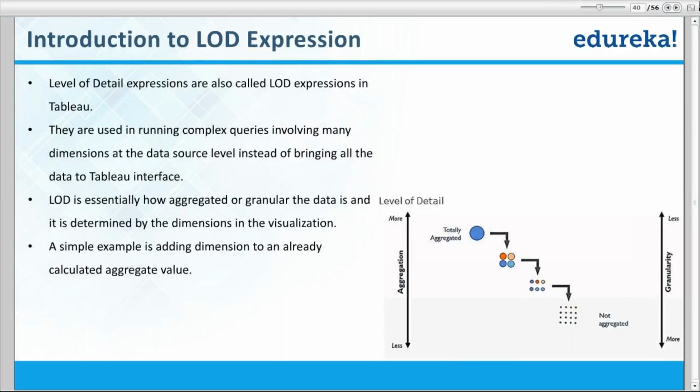So generally, friends, whenever we are running some complex calculations, when we are running some complex queries which involve many dimensions at the data source level. So, for example, I'm having a particular table here.